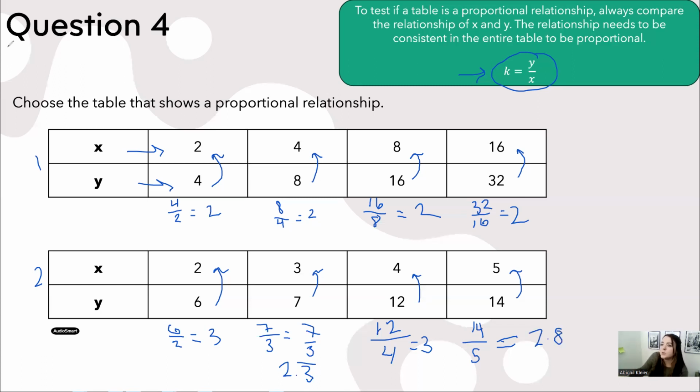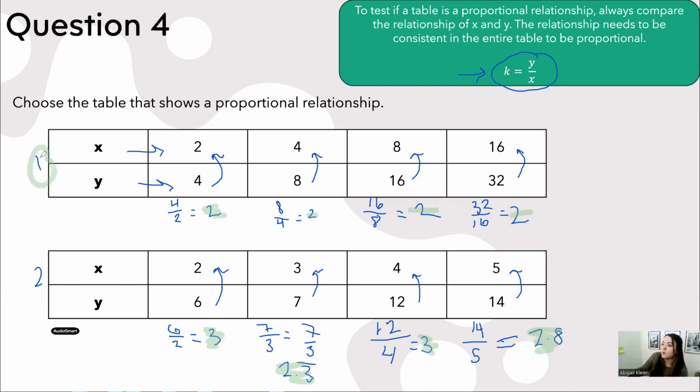So now what we can do is look at the relationship on the second table. We've got 3, 2.3, 3, and 2.8. That's table 2. Excuse me. And then we'll look at table 1. We've got 2, 2, 2, 2. So which of these tables has a consistent relationship between y and x?